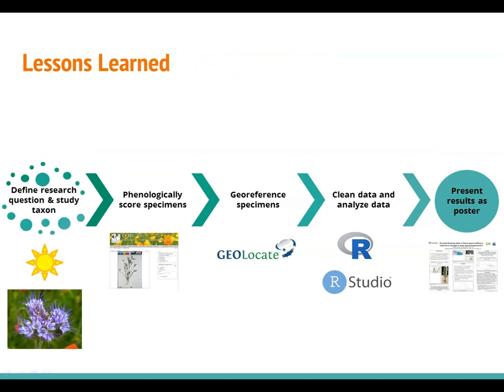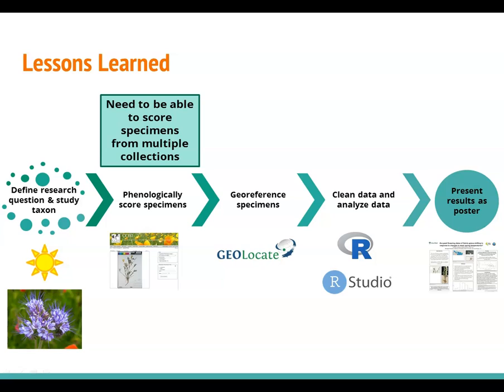This being the first implementation of the course, we faced several challenges along the way. We discovered that our current phenological scoring tools in CCH2 require more development so that students can score specimens across many herbaria, and so that students can search for pre-existing phenological data. We also found that training students to georeference, providing guidance on georeferencing, and quality checking the georeferences took a significant amount of time and expertise on the part of the instructor.